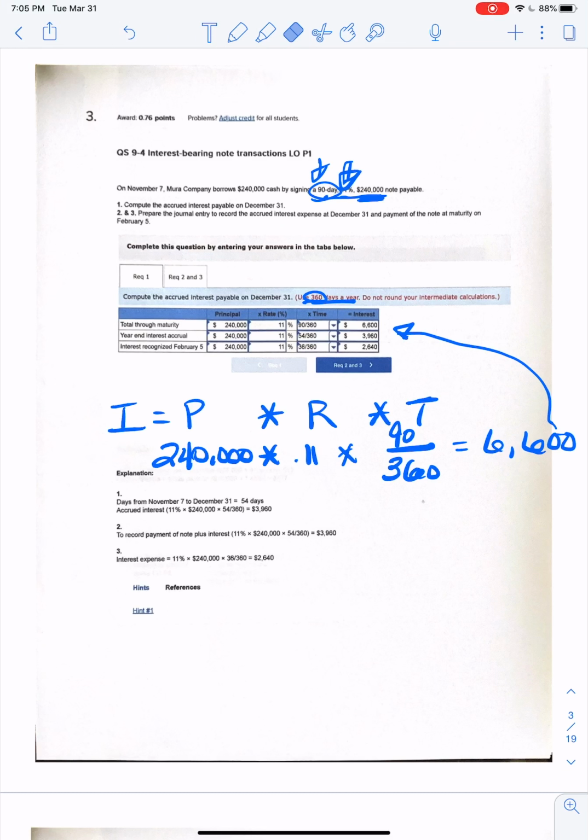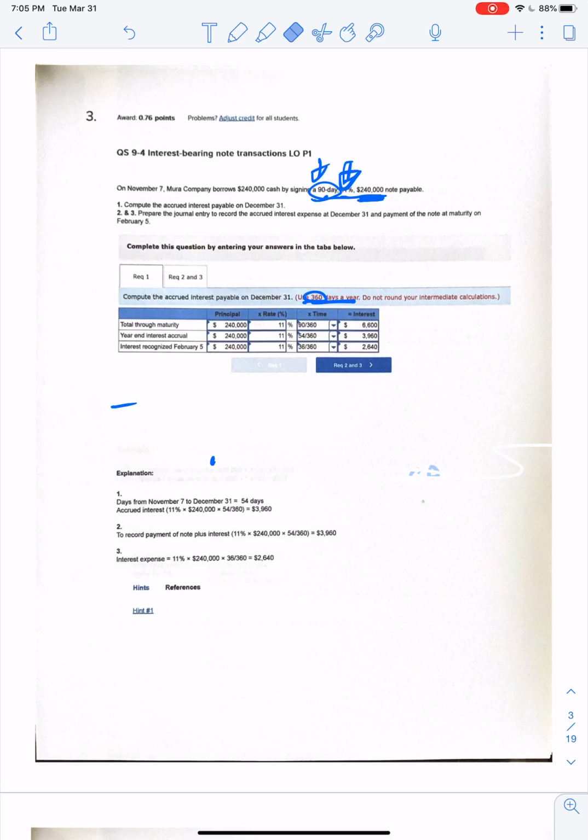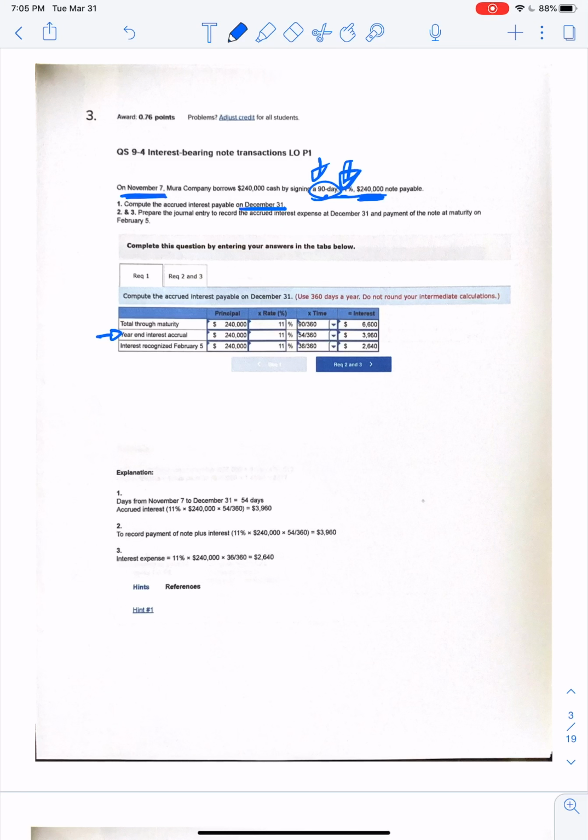Now we need to look at how we're going to do this for each period of time. So I'm going to say year-end interest accrual. This is how many days from November the 7th all the way through to December 31st. If you actually count that out, you'll see that is 54 days.